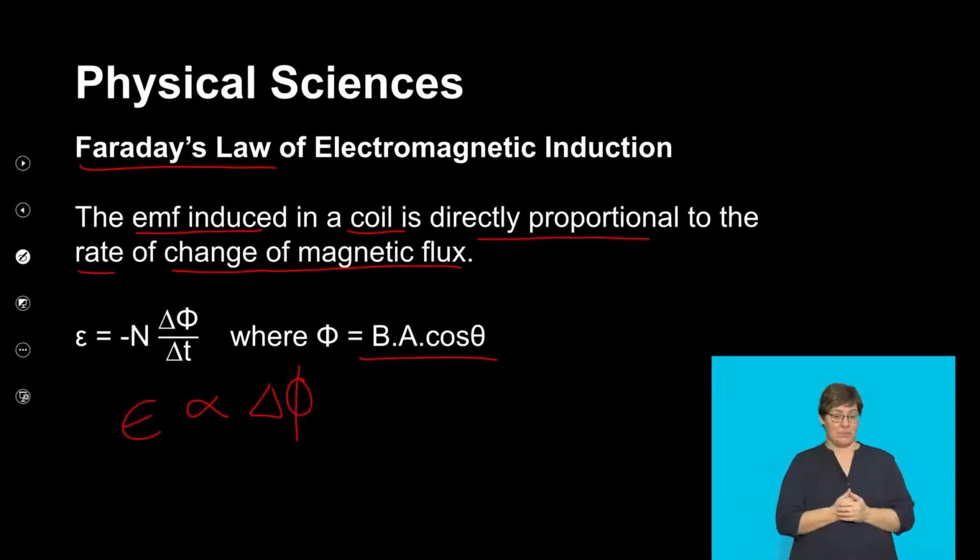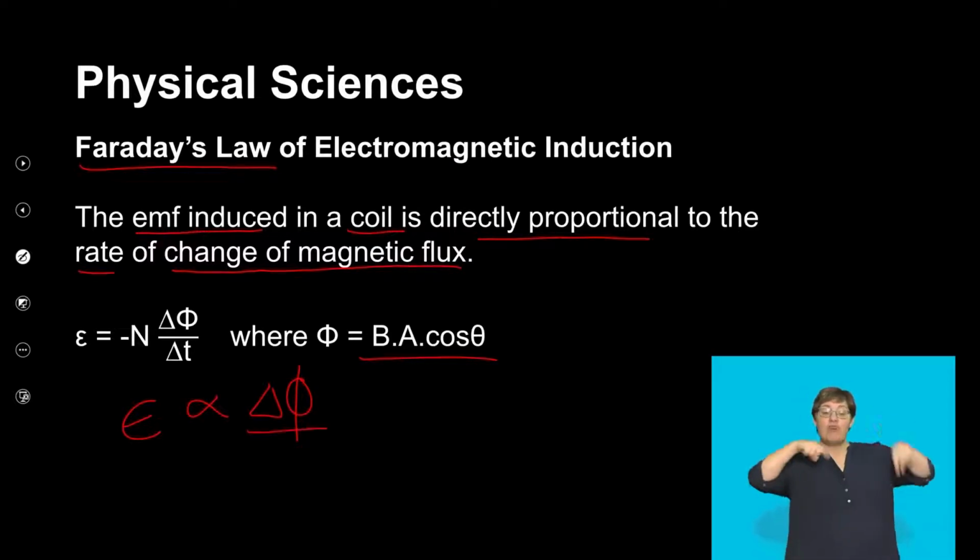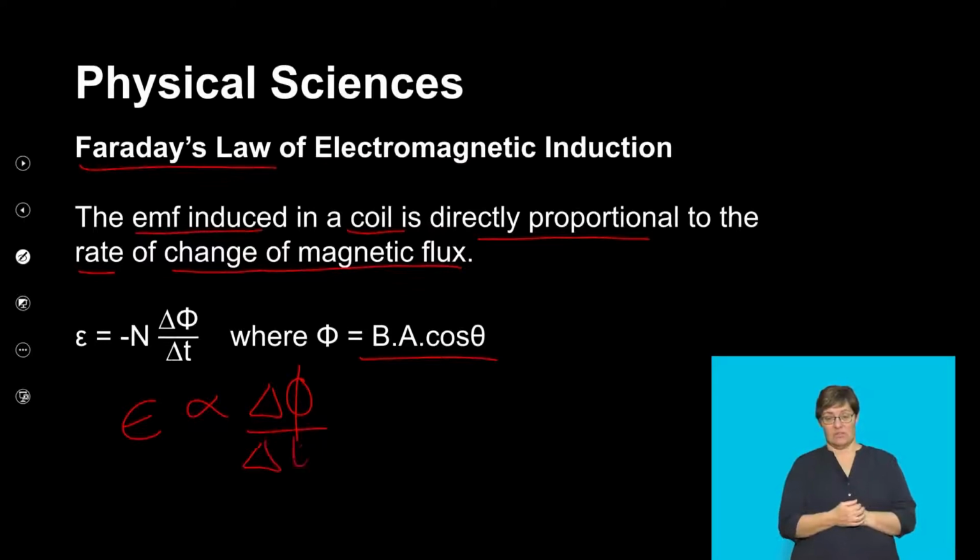But it doesn't just say it's proportional to the change in magnetic flux, it says the rate of change. And whenever we have the word rate, we need to include divide by time. And so that's why we've got this divide by time.